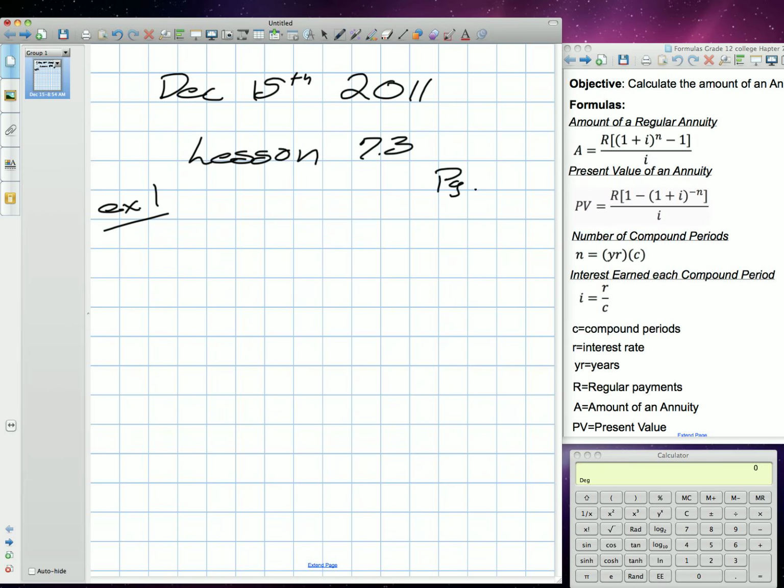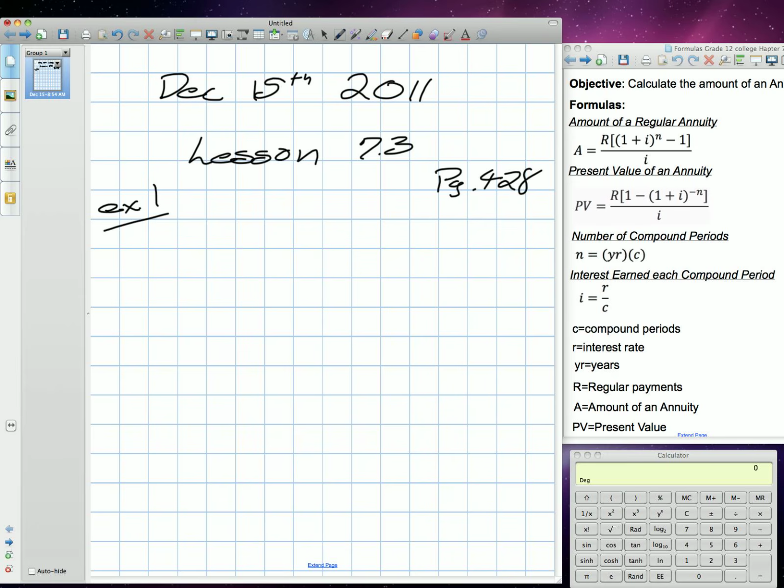The question says, Brienne wants to save $6,000 for a trip she plans to take in 5 years. What regular deposits should she make at the end of every month or every 6 months in an account that earns 6% compounded semi-annually? So a lot of things were said in this question again. Brienne wants to save $6,000, so that's our annuity itself.